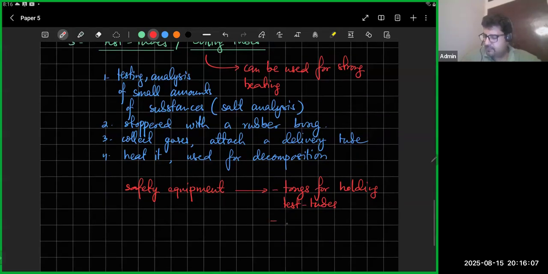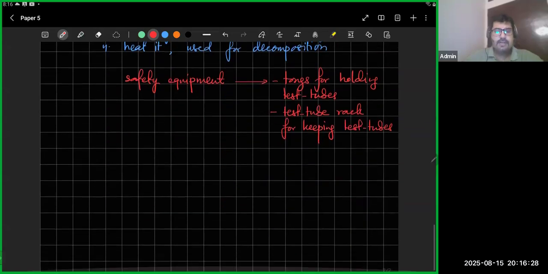Test tube holders are where you keep the test tubes. यदि अगर टाइम लग रहा है तो what you're going to do is you're going to put it in a rack. ठीक है. So ये तो खैर test tube सीखी already. Aware of this. What else do we have?